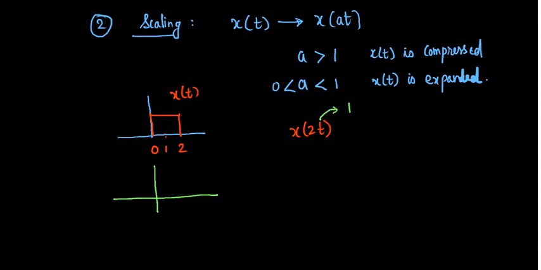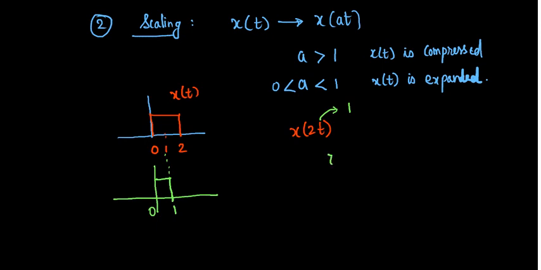If it is 0.1, it will play the value at 1, and so on. That's why this overall signal is getting compressed. The thumb rule for those who want to memorize: divide by the scaling factor a. Divide the time axis by the scaling factor. Easy.